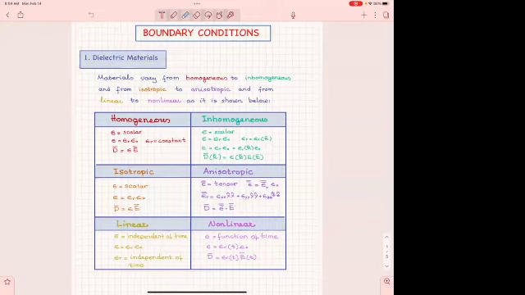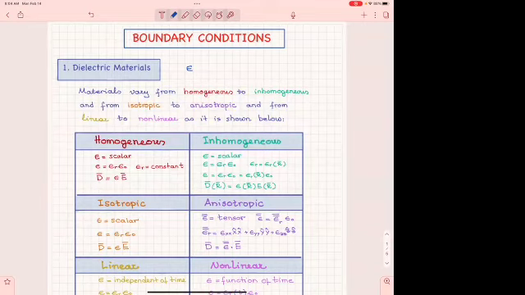So all of the materials have a dielectric constant epsilon, and they have another constant mu. I'm sure you have seen both of them from physics. So epsilon is the dielectric permittivity or dielectric constant, and mu is the magnetic permeability.